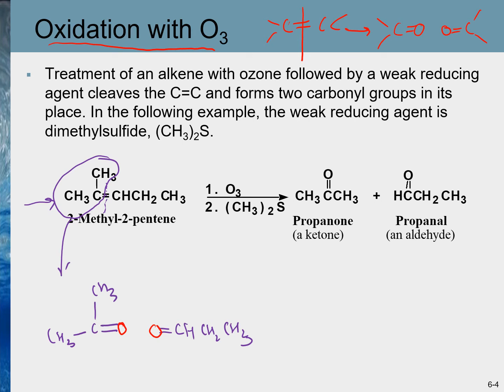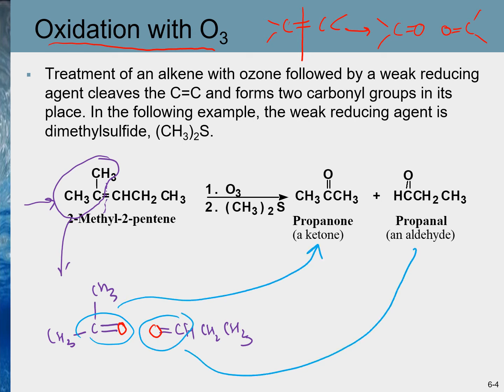So as we can see, the carbon-carbon double bond has changed into carbonyl groups. This is a ketone and this molecule is an aldehyde. This is one easy way to understand what products will be obtained when an alkene is cleaved with ozone.